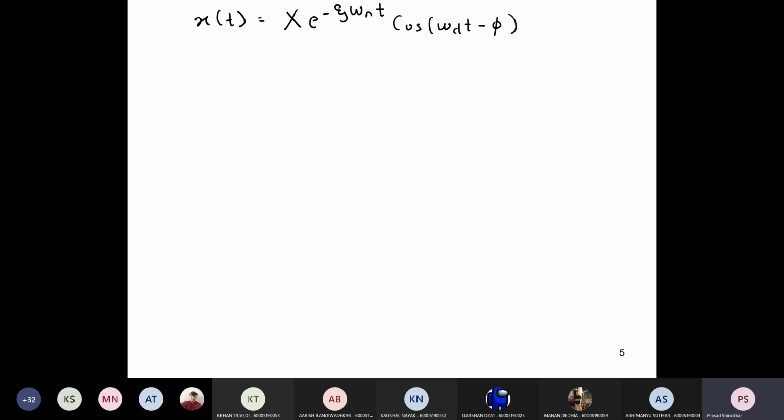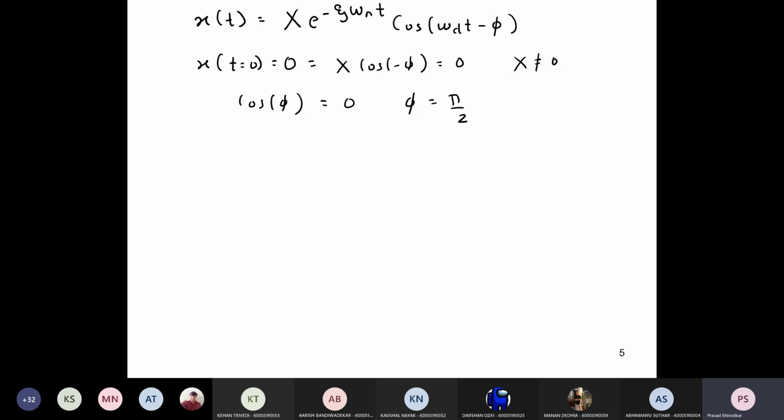So x at t equal to 0 is 0. Initial displacement is 0, so X cos of minus phi is equal to 0. X cannot be equal to 0, so the only option is cos phi, since cos of minus phi is cos phi. So cos phi is 0, so phi is pi by 2.